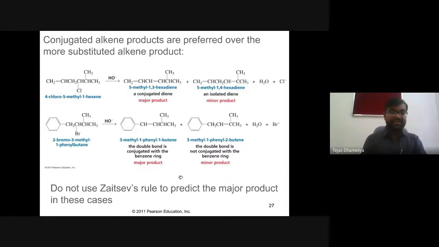So it is very true that in this case, the Zaitsev rule is not followed. If our double bond is conjugated with a benzene ring, an aromatic ring, then in that case the Zaitsev rule is not followed.